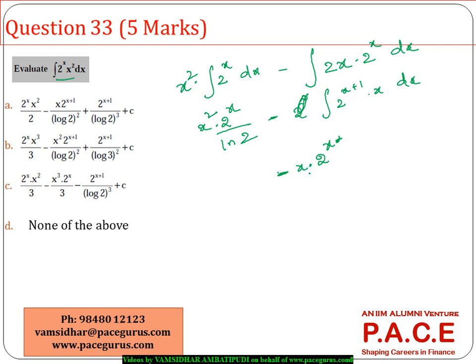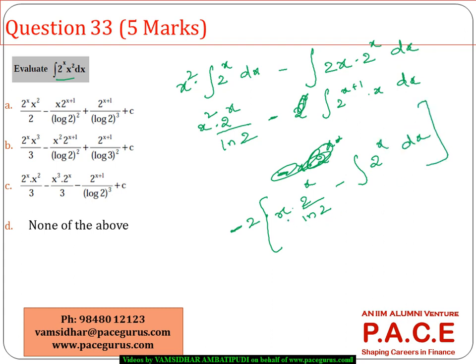2 power x plus 1 is nothing but 2 into 2 power x. So I will take the 2 common out. x into 2 power x dx. So x into 2 power x by log 2 minus integral of, the differentiation of x is 1, so 2 power x dx.